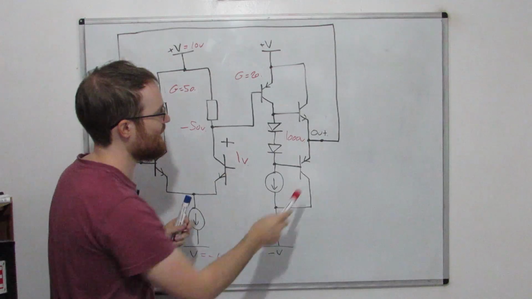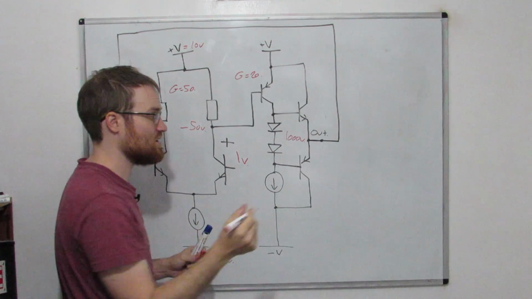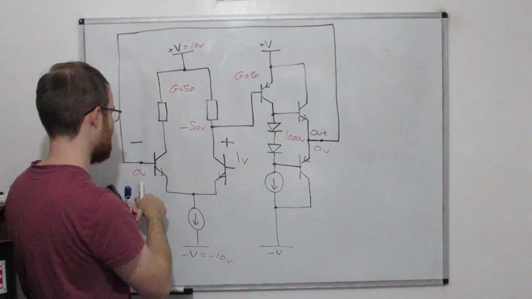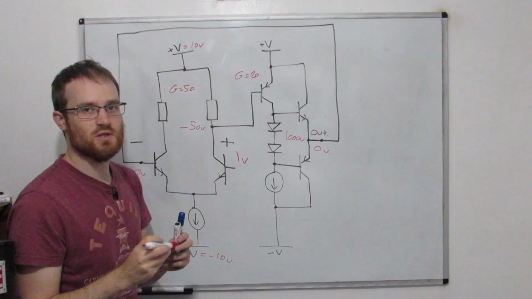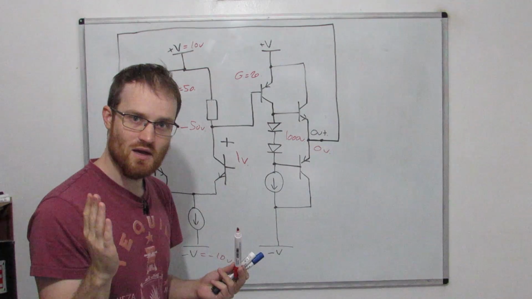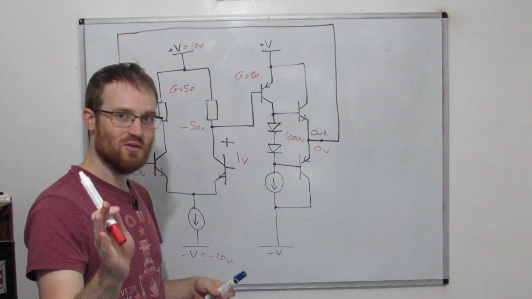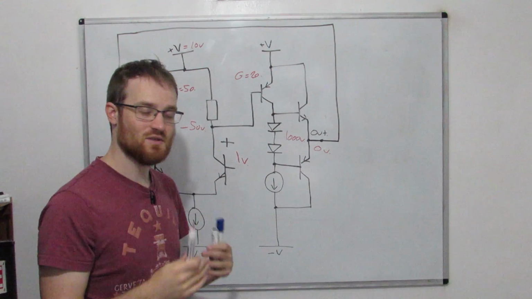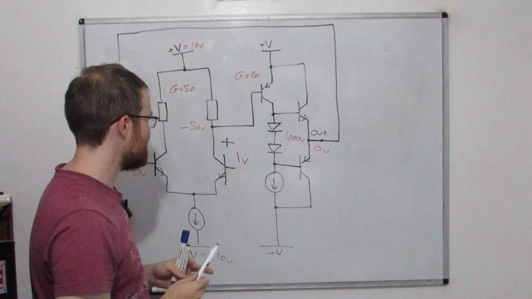So the output, which is fed back into this input, let's assume the output starts at 0 volts. Then the output wants to go towards 1000 volts. Well, it can't go from 0 to 1000 volts straight away. This is an analog circuit, so it has to go through every value between 0 and 1000 volts. So let's pick out some values on the way and see what happens.